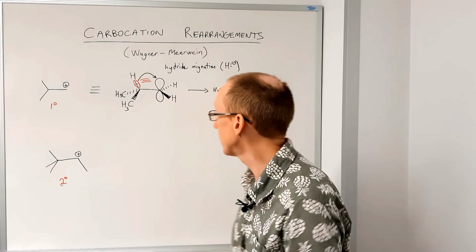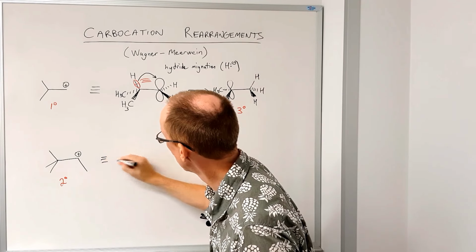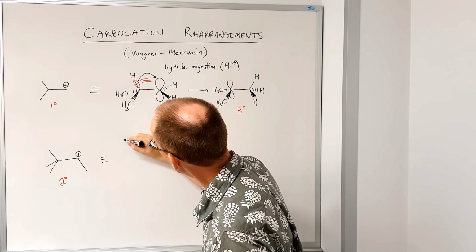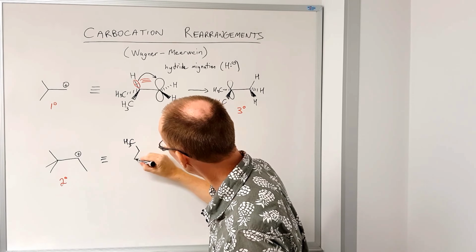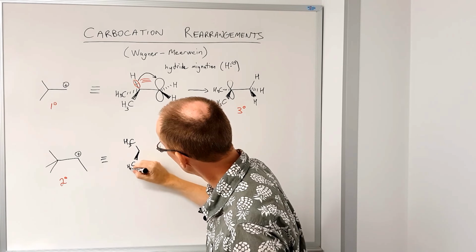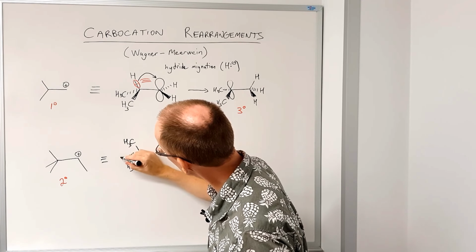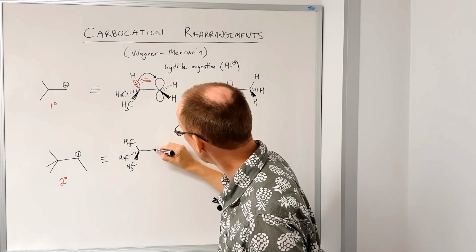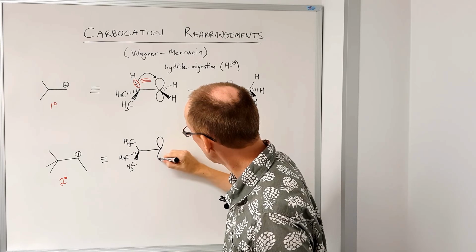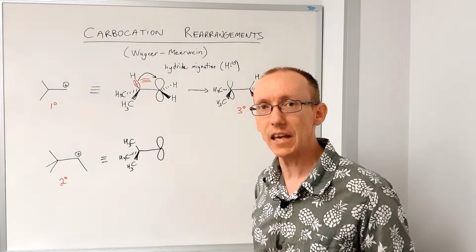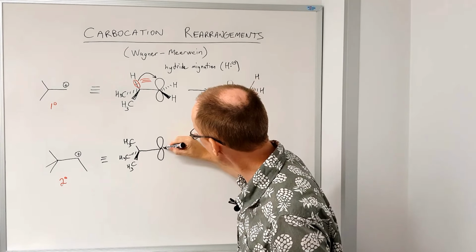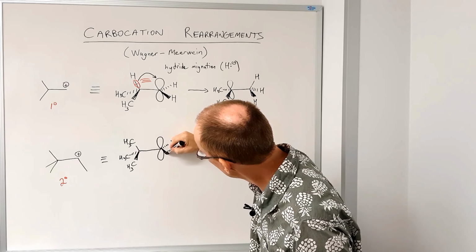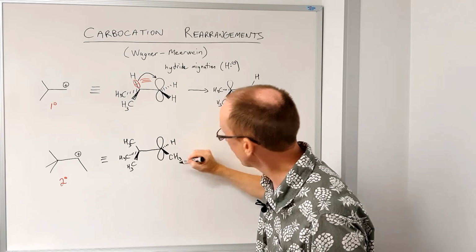So we'll draw that out as we did before. We've got this carbon atom here has a methyl group, a second methyl group, and a third methyl group. And then we've got our carbocation with its empty p orbital. And now we've got one hydrogen substituent and one methyl substituent.